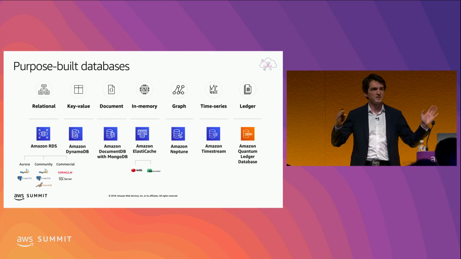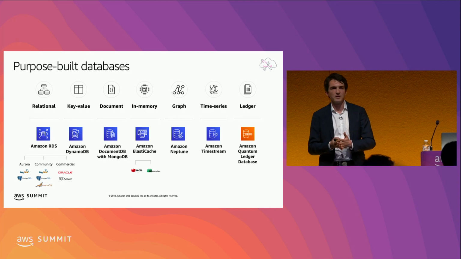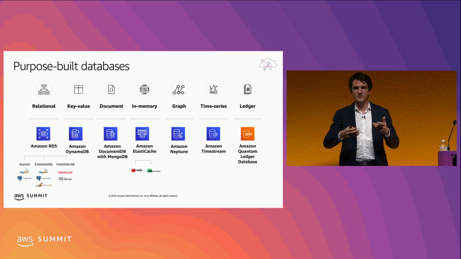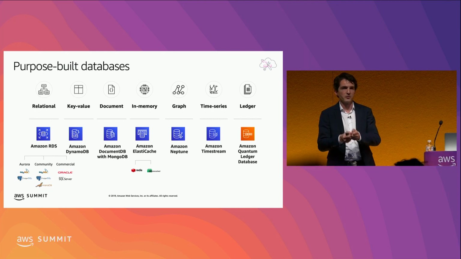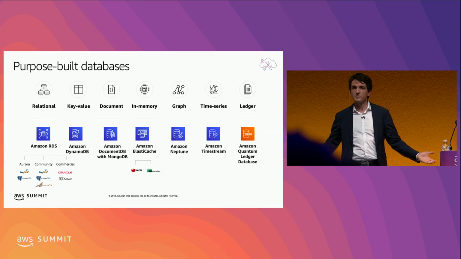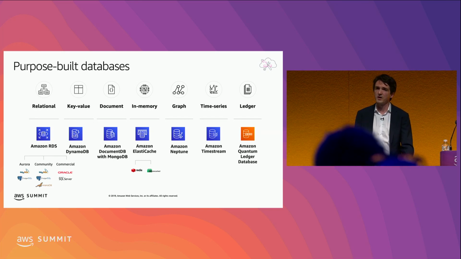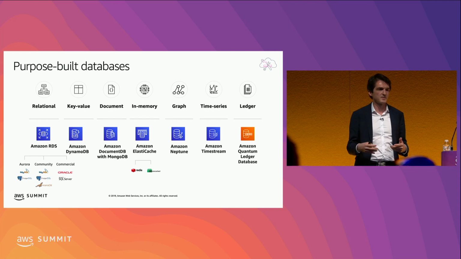For all these categories, we really think that when you build a new application, you should use the right database for the right job and not have a very large database that has all the code and all the compute in it and all these different access patterns.